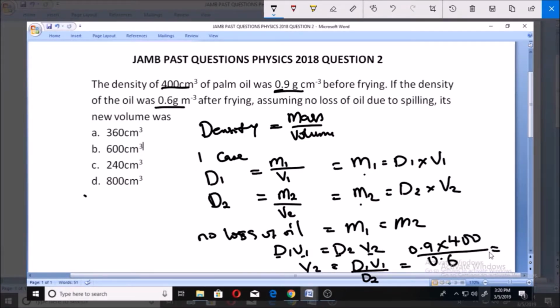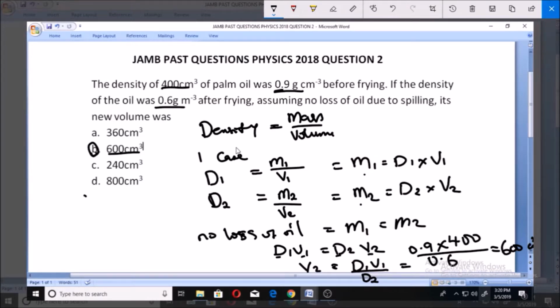So if you multiply 0.9 times 400 all over 0.6, you should be able to get the right answer. And the right answer is 600 cm cubed. So that makes B the right option, 600 cm cubed.